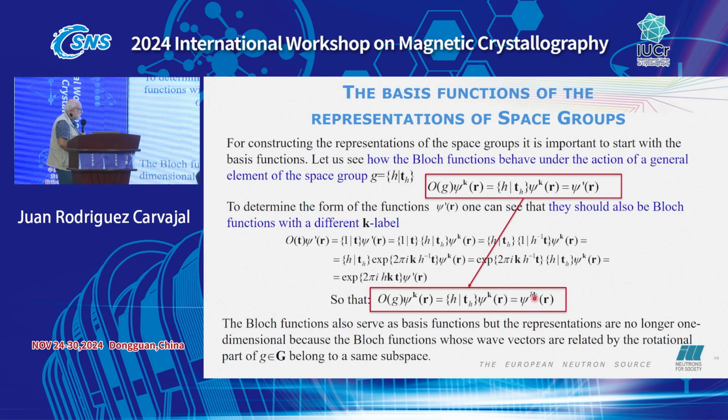This is the important thing also. The Bloch functions also serve as basis functions, but the representations are no longer one-dimensional, like in the translation group, because the Bloch functions whose wave vectors are related by a rotational part of G belong to the same subspace.